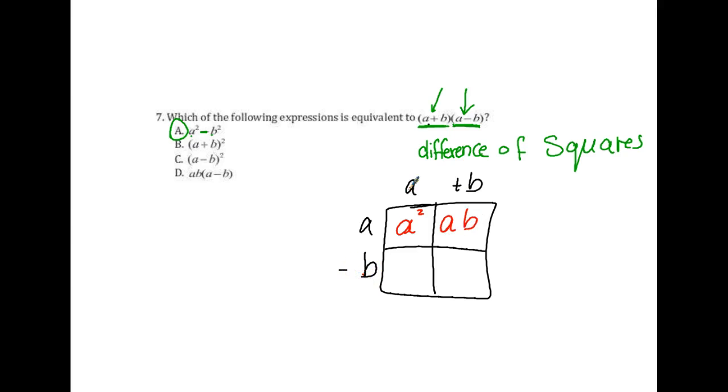Negative b times a is negative ab. Negative b times b is negative b squared. Look at the magic. When you combine those like terms, they cancel each other out because negative ab plus ab is a 0. So it's a squared minus b squared.